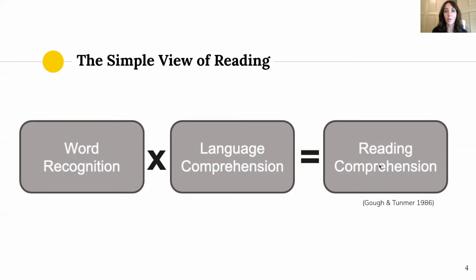But that's really not where we want to put our focus of instruction, because that's the end goal. So how do we get a student that is comprehending what they read? Well, the simple view of reading says that word recognition and language comprehension, the product of that is reading comprehension.